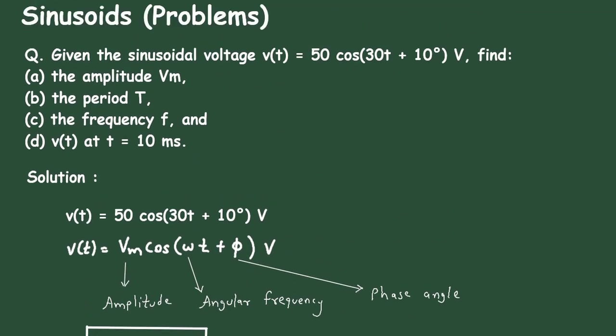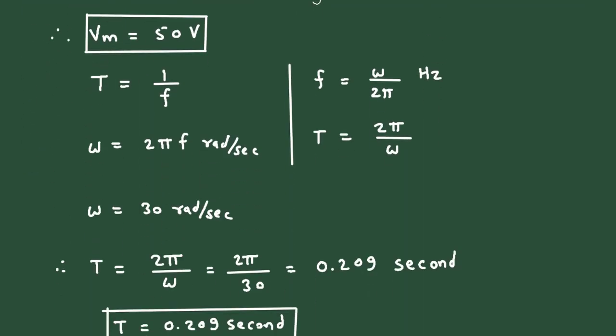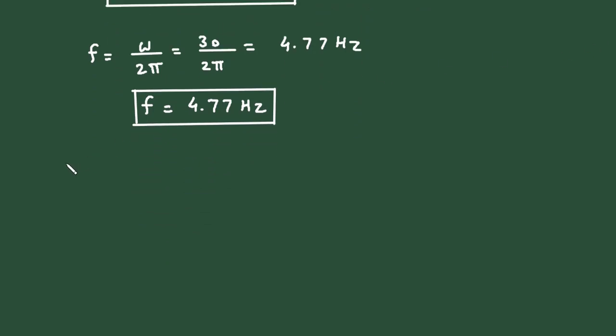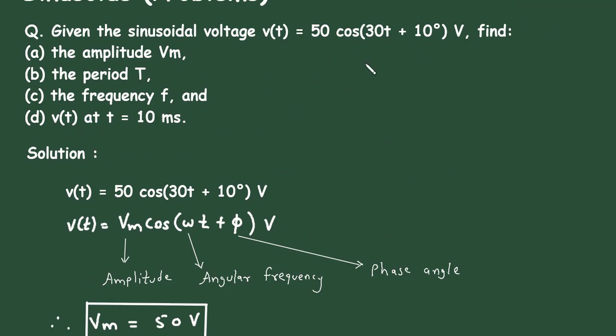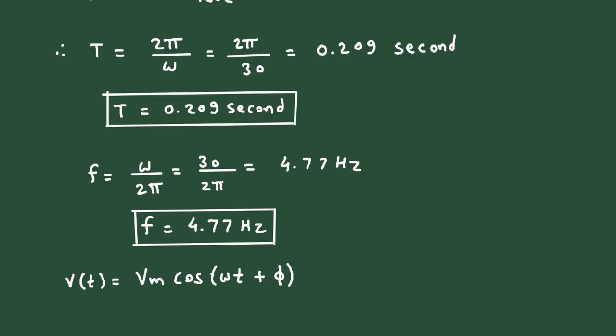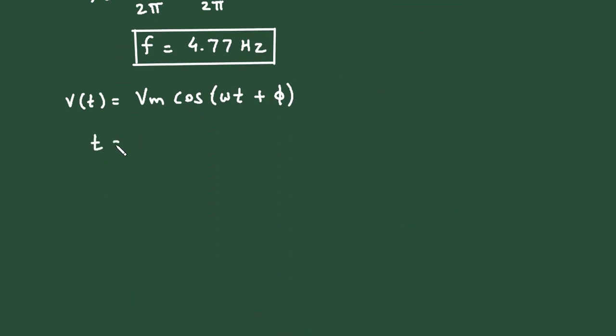Now next we have to find V of t at t is equal to 10 millisecond. So V of t is equal to Vm cos omega t plus phi. So here the value of t is 10 millisecond.